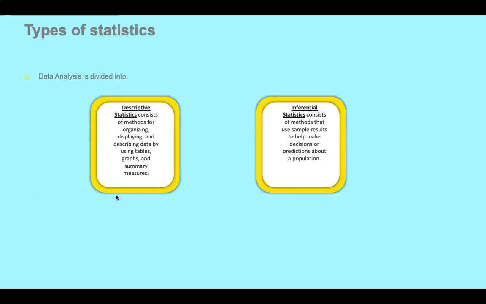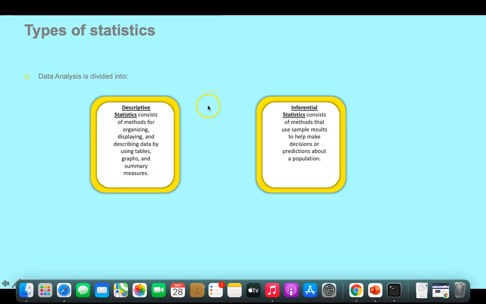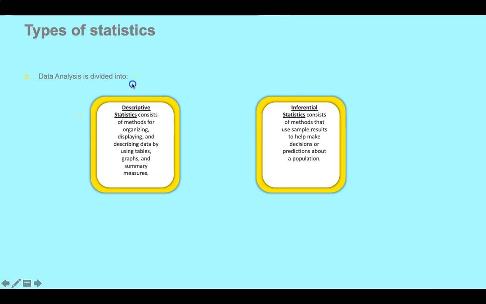If I tell you about the types of statistics, statistics is mainly divided into two parts: descriptive statistics and inferential statistics. Let me draw something for you.